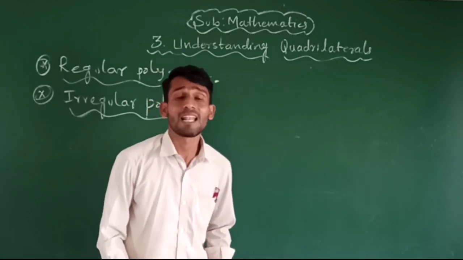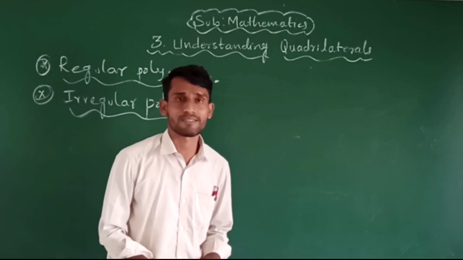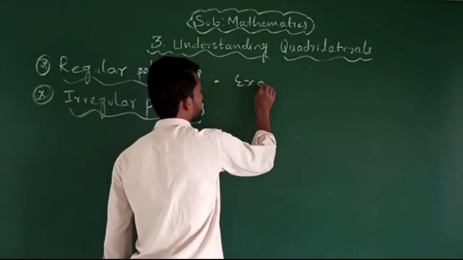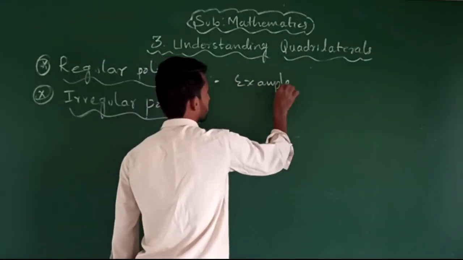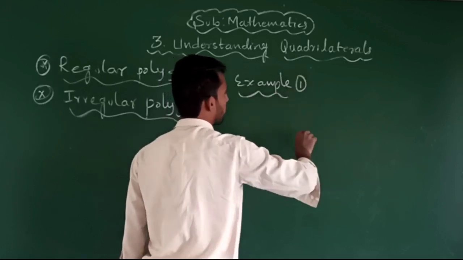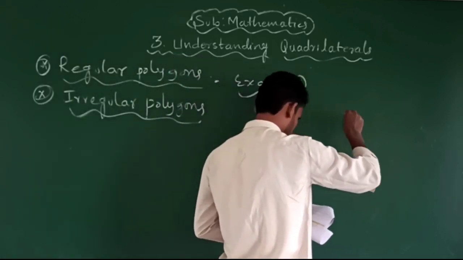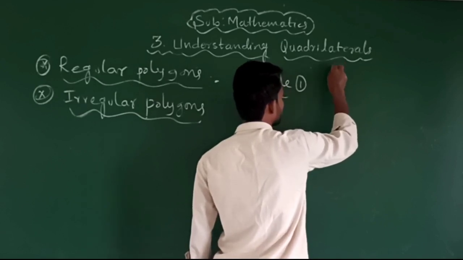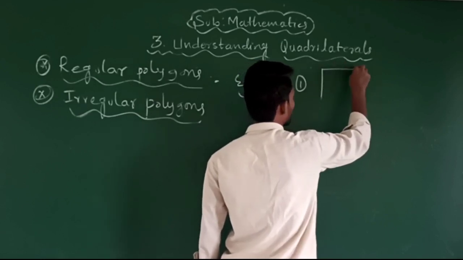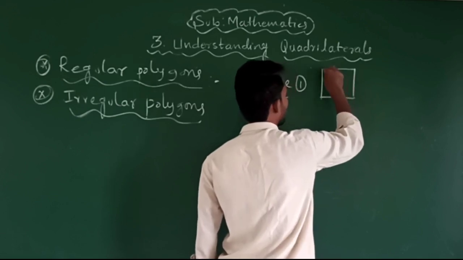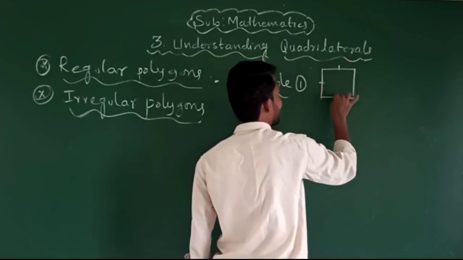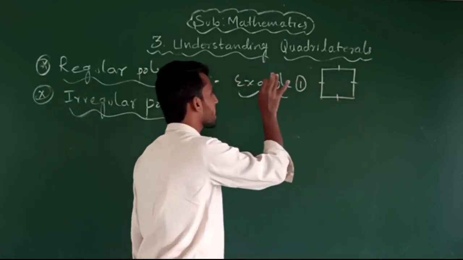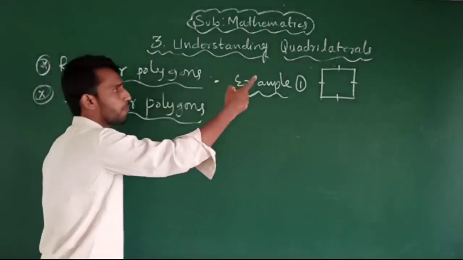Okay, for example, I am showing some figures. See, this is a square. This is also a polygon. Here all sides are equal, so we can say this is a regular polygon.